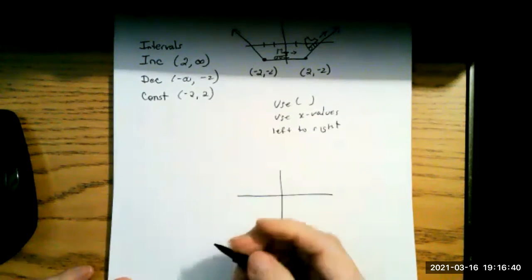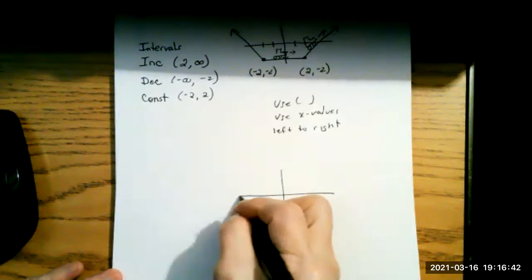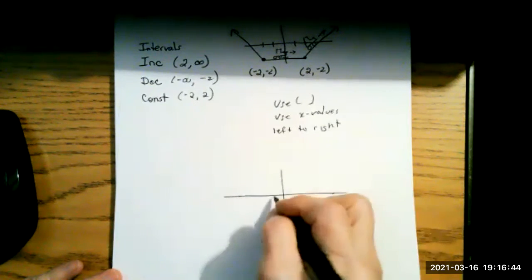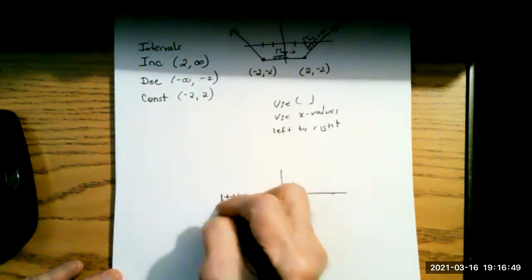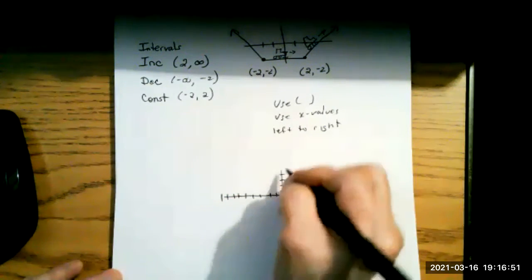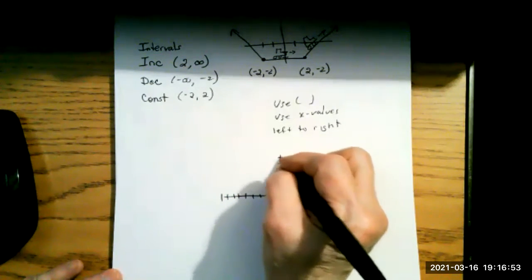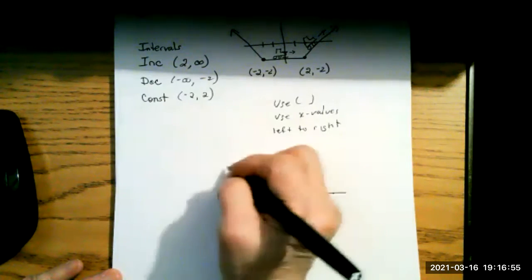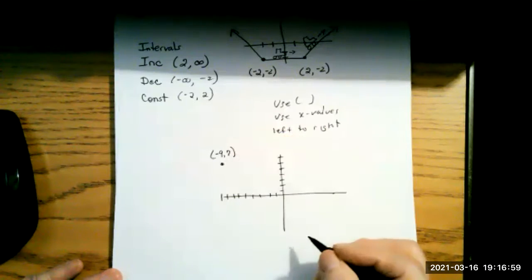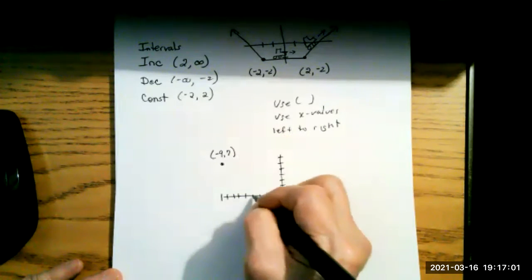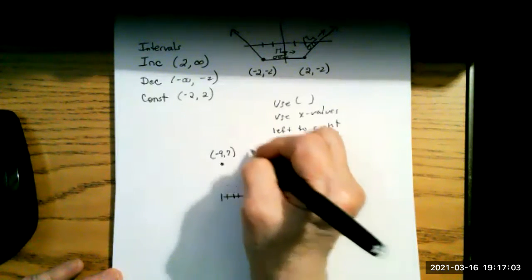Let's see. 1, 2, 3, 4, 5, 6, 7, 8, 9. 1, 2, 3, 4, 5, 6, 7. Negative 9, 7. And 1, 2, 3, 4. Negative 4, 7.